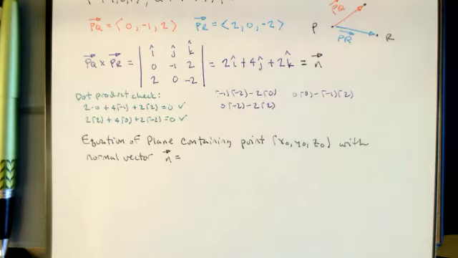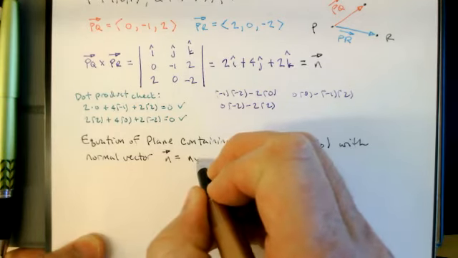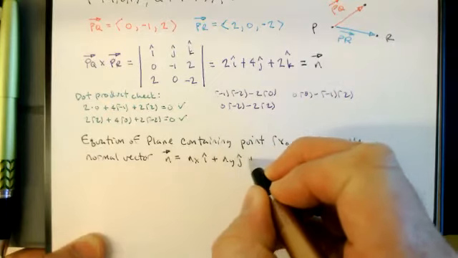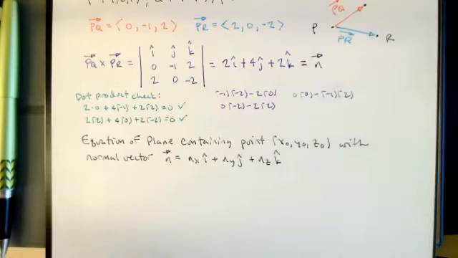What do we call the components of the normal vector? I'll make them up. That's what I always wish they were called anyway.